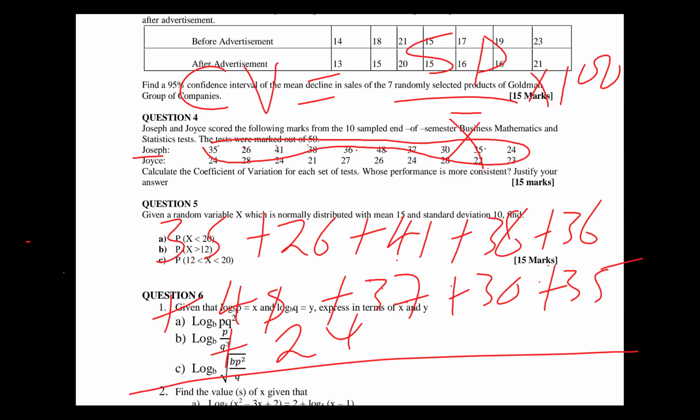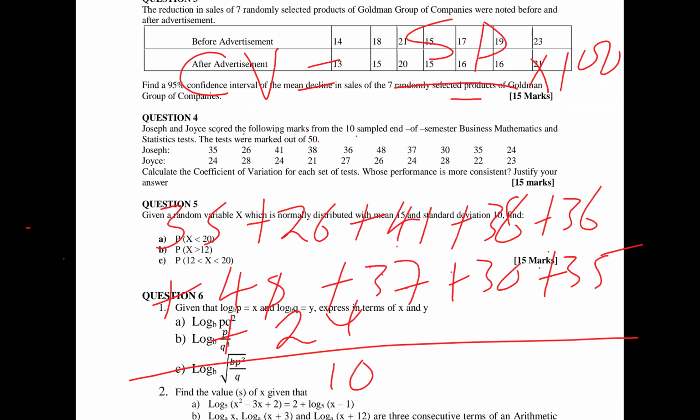And all that to be divided by 10, it should give us the mean x bar. Are we good? I guess we are good up to there. You can do the quick math and find the mean.